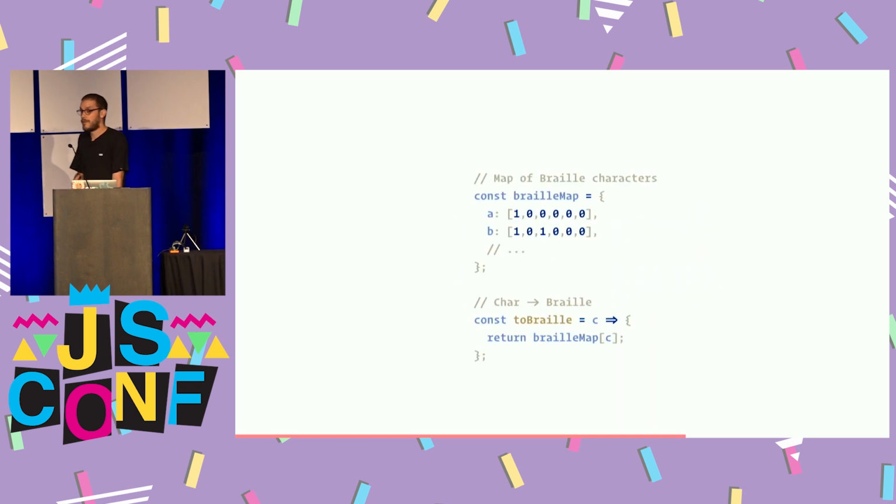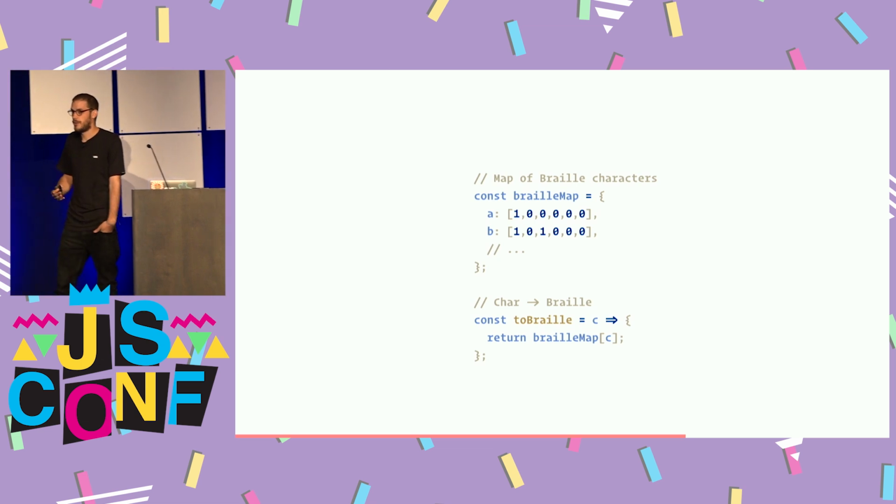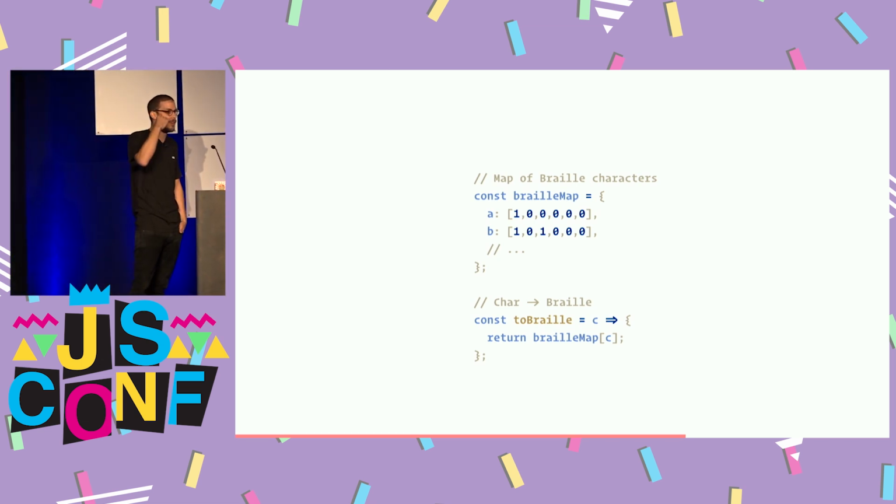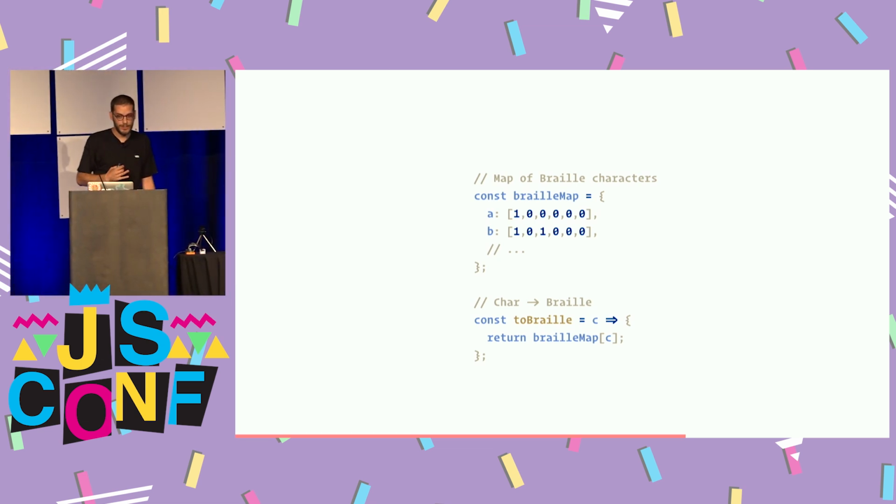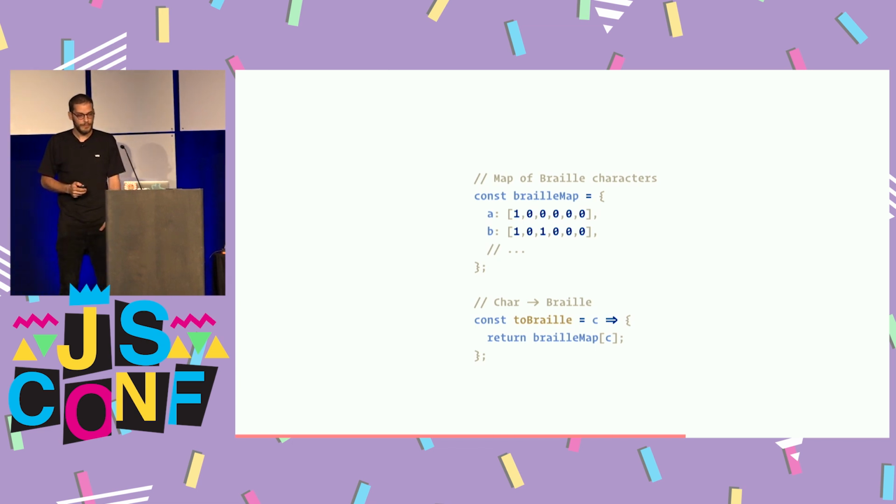Unfortunately, the braille alphabet is not deterministic, so we have to actually create a map of all the available characters, letters, and symbols. And afterwards, we can create a symbol utility function that takes a character as a single parameter and returns the braille representation.